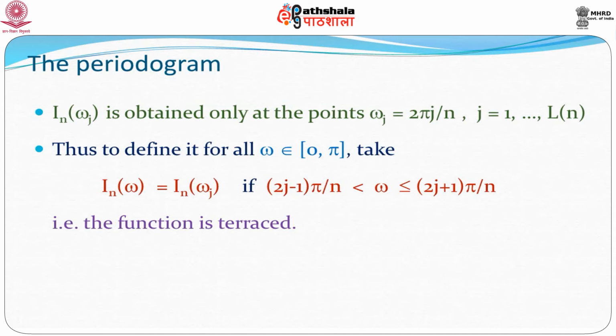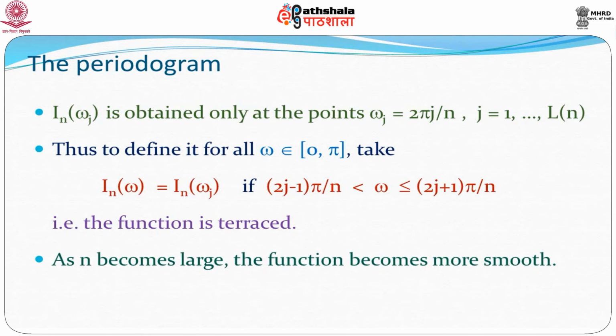So, at each omega j, we basically extend this I value on either side as a straight line, parallel to the horizontal axis, and depending on at which level we are, we get a flat line. Okay. So, the difference between the 2 points is exactly divided, half of this goes to one point, half to the other point, and you get a horizontal line. So, it looks like some sort of a terraced type of thing, sometimes going up, sometimes going down.